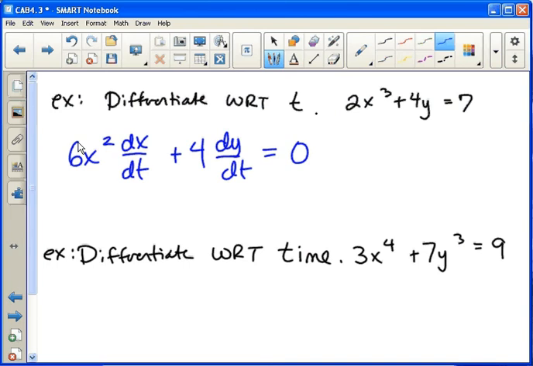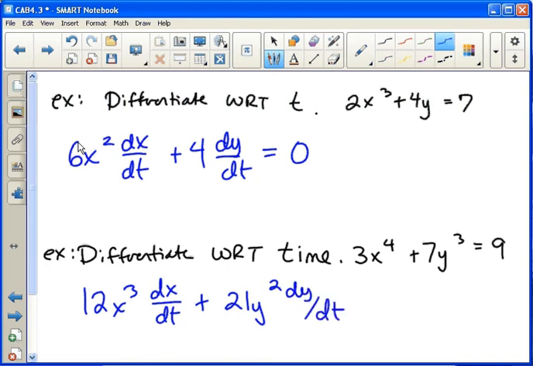So in the second one, differentiate with respect to time, we have 3x to the fourth plus 7y cubed equals 9. 3x to the fourth will be 12x cubed dx/dt, meaning you took the derivative of an x with respect to t, plus 21y squared dy/dt, because you took the derivative of a y with respect to t, and the derivative of 9 is 0.